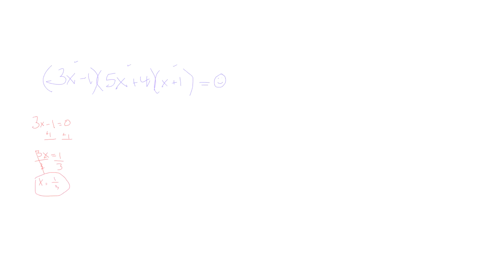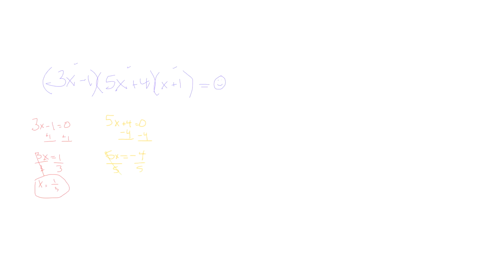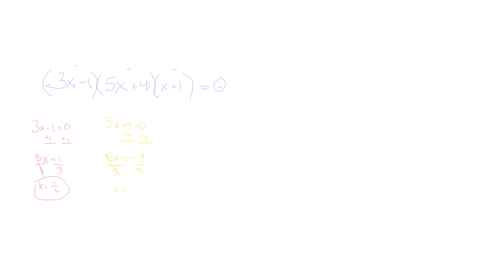Set the next one also equal to 0. 5x plus 4 equals 0. Minus 4 on both sides. x equals negative 4. Divide by 5 on both sides. x equals negative 4/5.